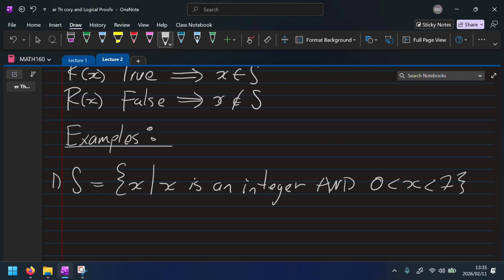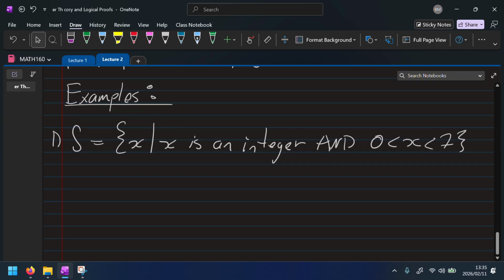No. If I give you 3, yes or no? Exactly. So you can answer yes or no for any X. The ones you answer yes to, those are in the set. The ones you answer no to, those are not in the set. And we've got an and between them. So it must be the first one and the second one. Both must be true. Right? Everyone understand that bit? Okay.